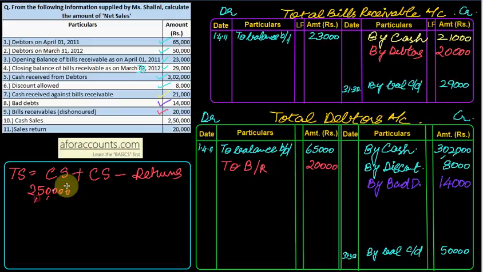One figure we have got. Credit sales we will get from bills receivable and debtors, and returns, let's see where it is given in the question. Now sales return 20,000. Tell me one thing, when you make sales, what is the entry? Debtors account debit to sales. Debtors increase and sales has a credit balance. When sales return, sales return account debit to debtors. So here what will you write? By sales return 20,000.